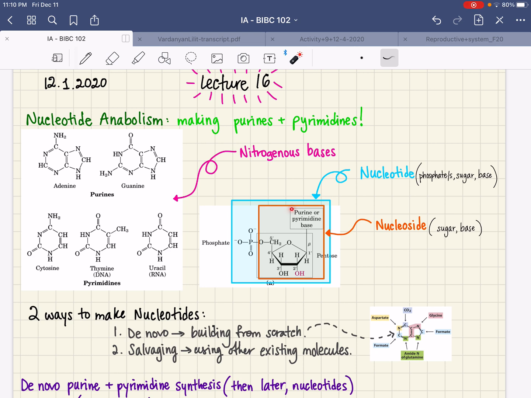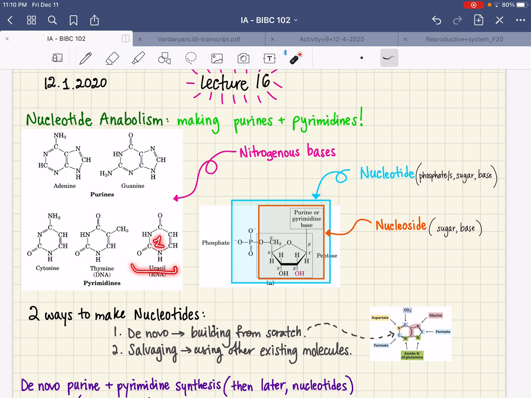Let's look at the different types of bases that can be attached to our sugar, right over here. There are two types of bases, purines and pyrimidines. An easy way of remembering which ones are the purines: see that the word purines is shorter and they match with the longer structures, and the word pyrimidines is longer, but it matches with the shorter structures, right?